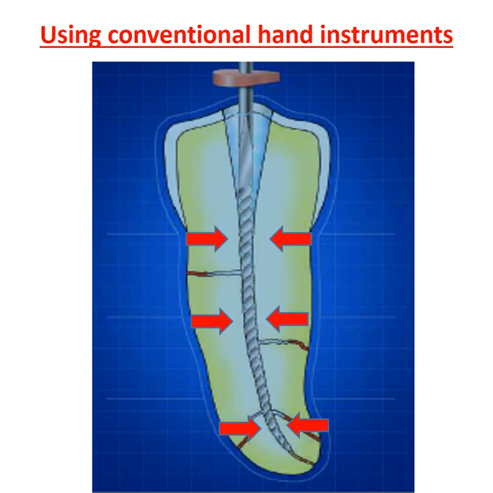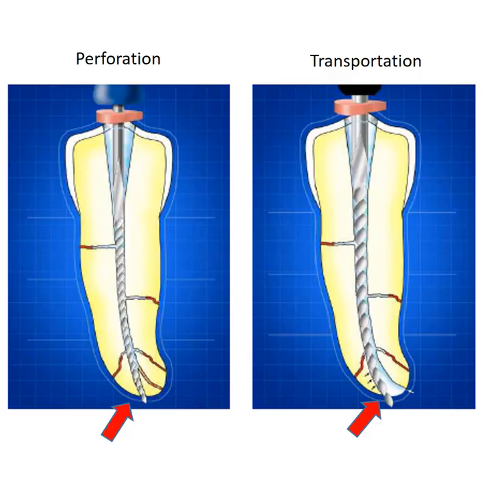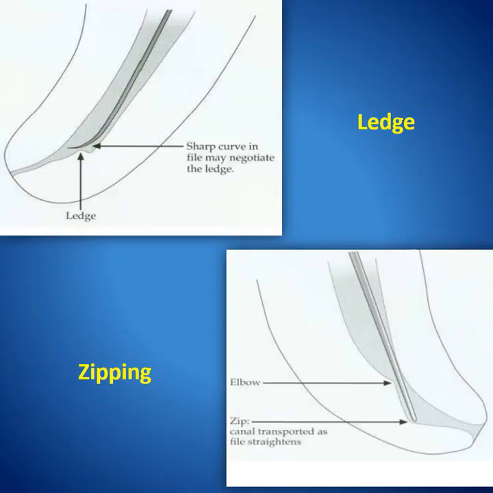They are stiff. There's a possibility of perforation, transportation, ledging, zipping. These problems will make the apical region not very smoothly widened.